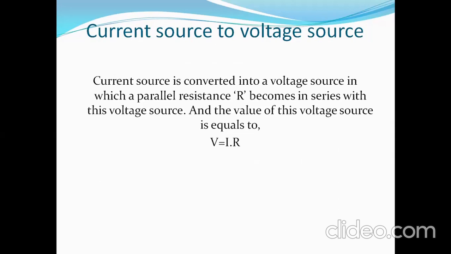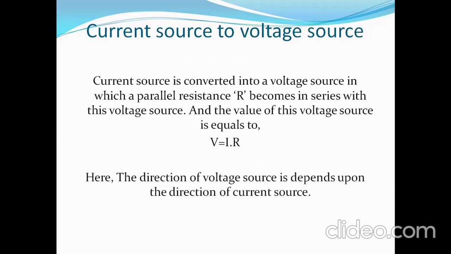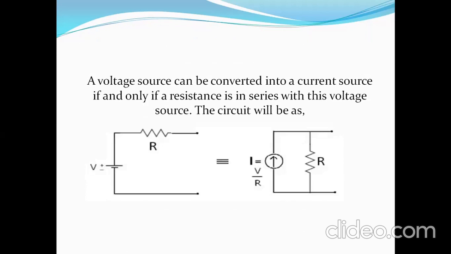Very easy. It is the equation we form using Ohm's law. Here the direction of the voltage source depends upon the direction of the current source. So we need to remember this specific line. The voltage direction will be the same as the current source direction.